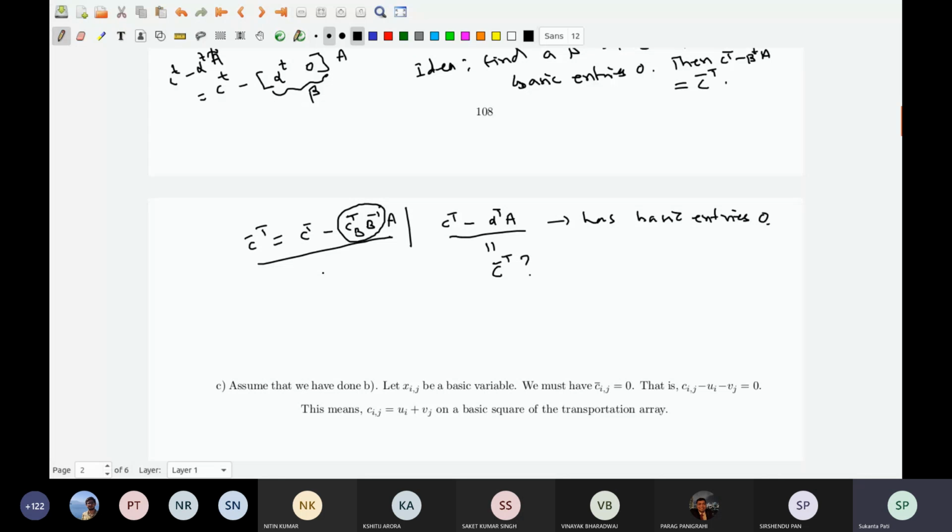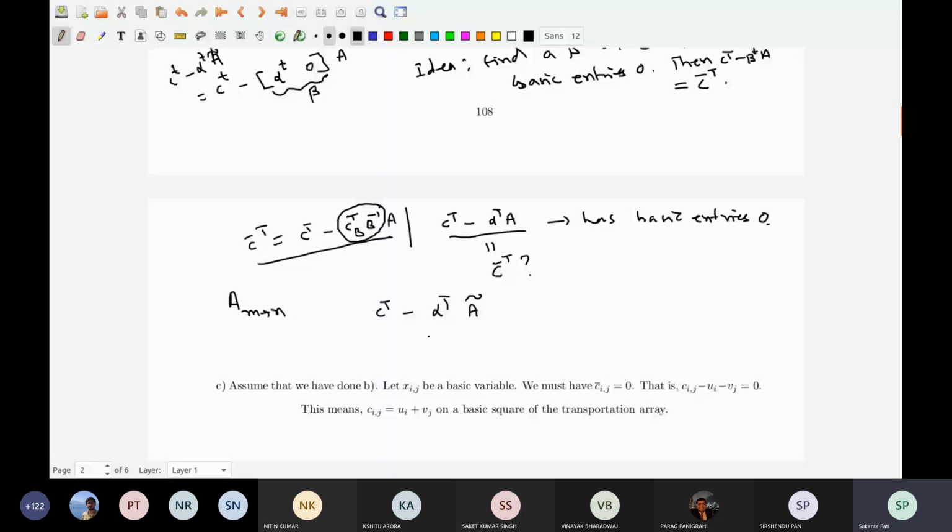So that is the idea, and that is the old idea in fact. But here my matrix has m plus n rows, and one of them is redundant, so I throw away the last one. And then I am searching for C transpose minus alpha transpose A tilde, where A tilde is obtained by deleting the last row.